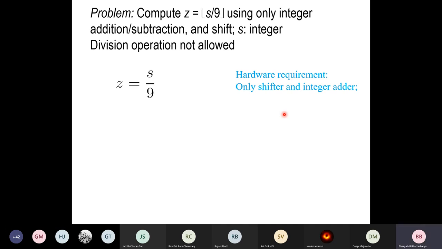Instead of S by 9, suppose I give you S by 8, then it would have been easy. Is it so? Dividing by 8 is nothing but shifting towards the right. Can I repeatedly divide by 8, using some kind of trick, so that you can approximate S by 9?